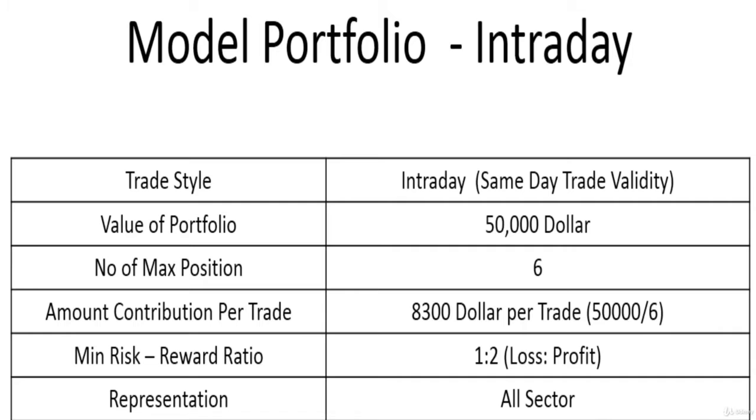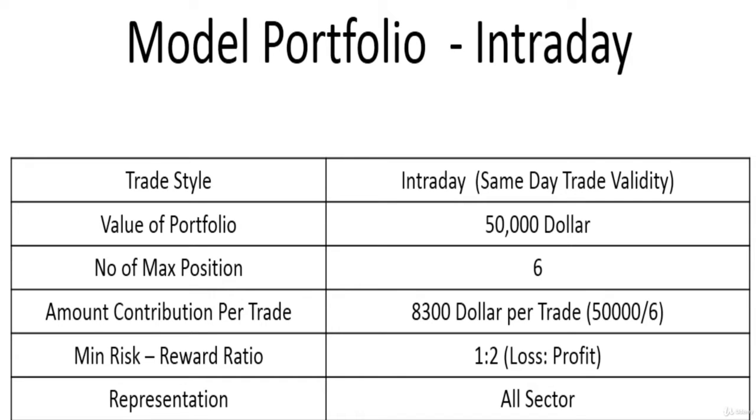Now I give you the application of model portfolios and provide samples on your screen. The first model portfolio shown on your screen is for intraday. The trading style is intraday, that means same day trade validity. Value of portfolio is $50,000.